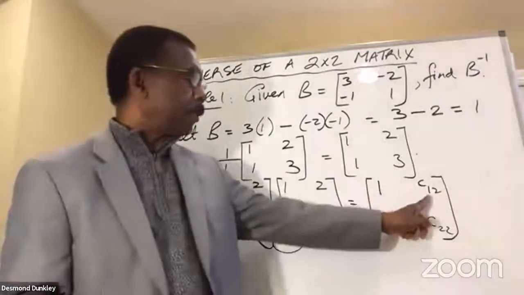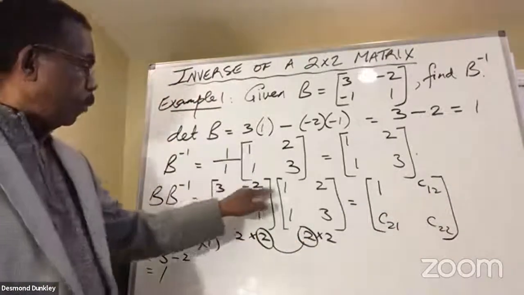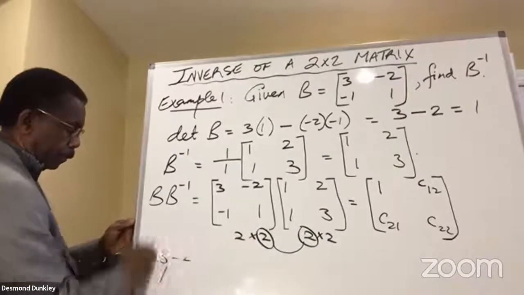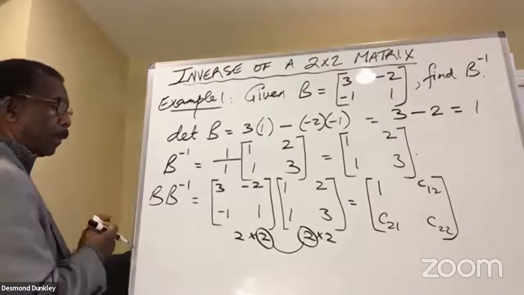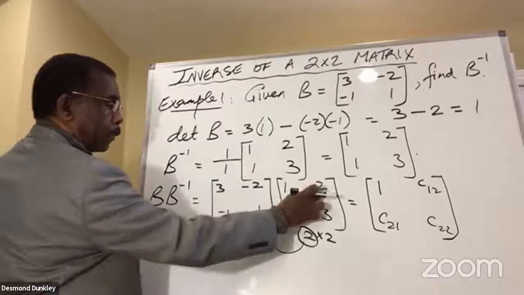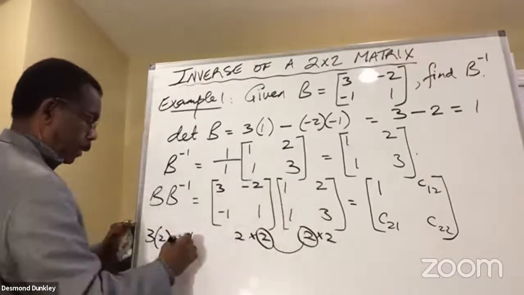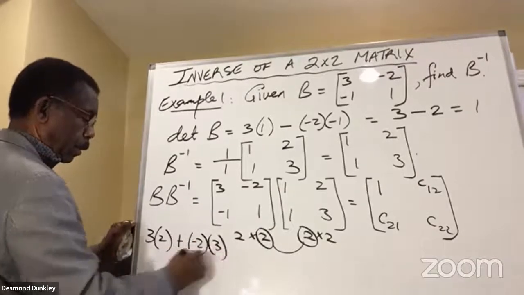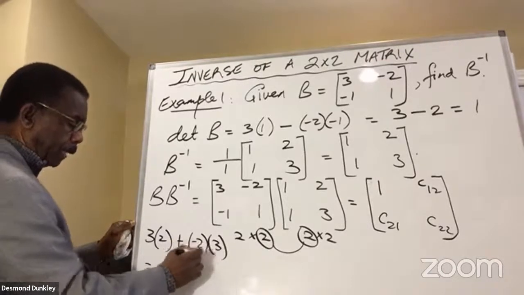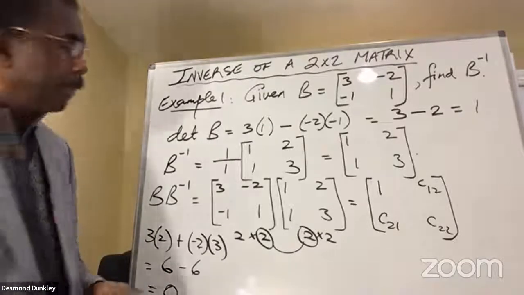So now we're going to take the first row and multiply times the second column. So it's going to be 3 times 2 plus -2 times 3. What do we get? 3 times 2 is 6. -2 times 3, -6. 0.